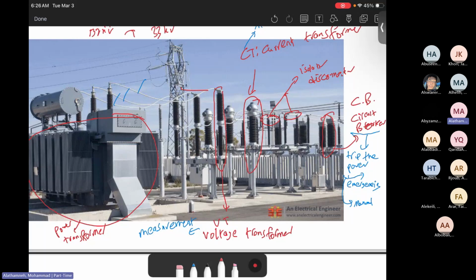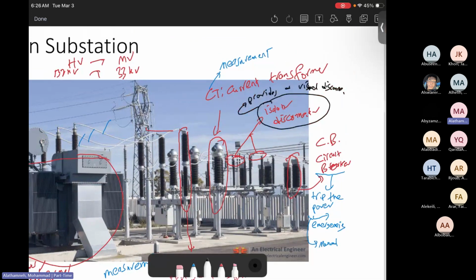However, the purpose of the isolators is to provide a visual disconnection of the power.